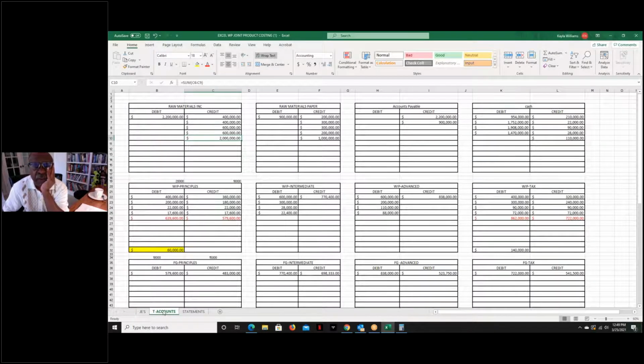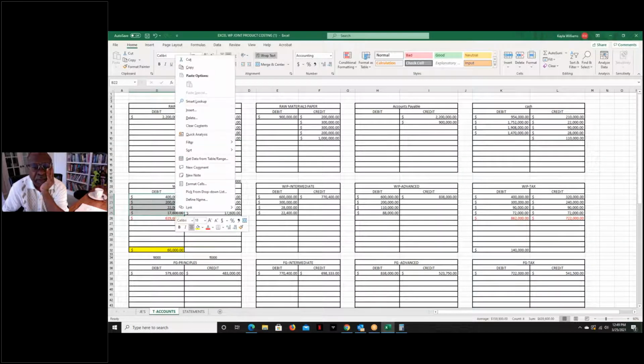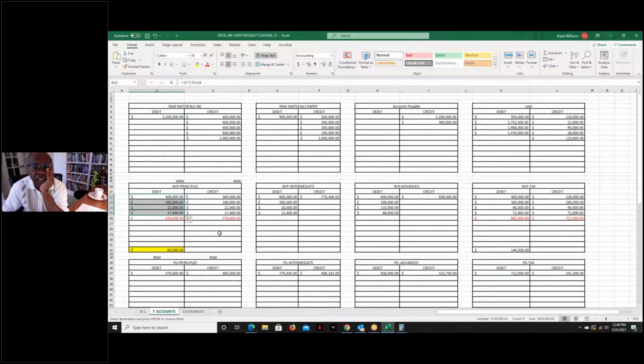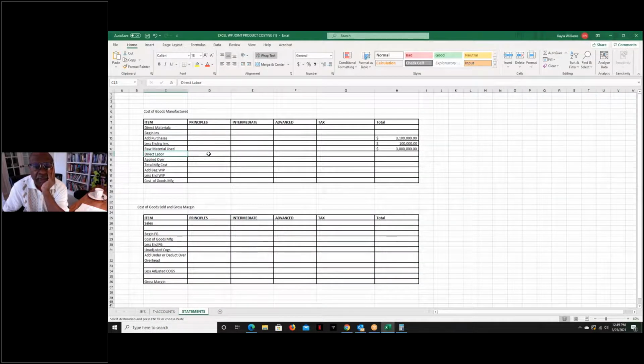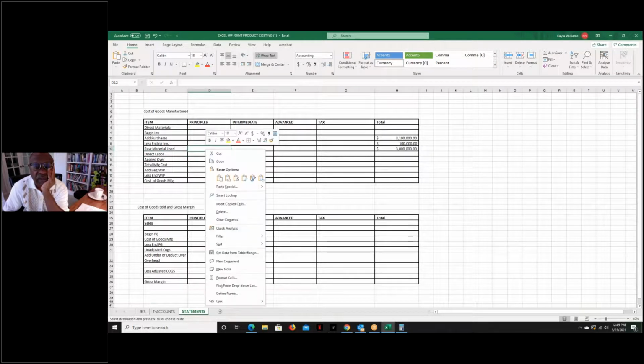Can you copy those first 4 items, 400,000 to 17,600? Copy them, and go back over to that account and paste them. Right here. But that was raw material, right? Correct.